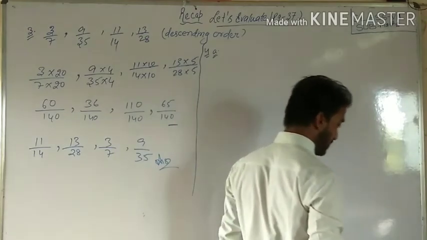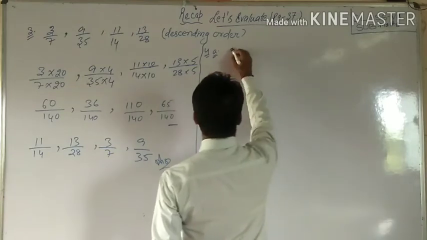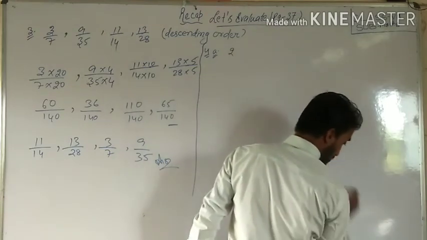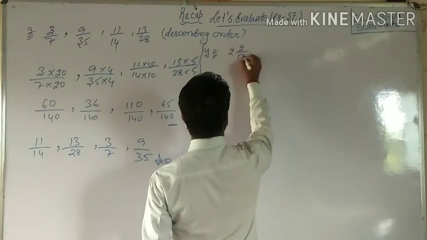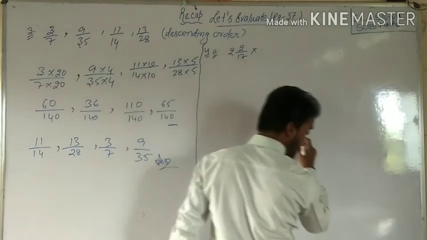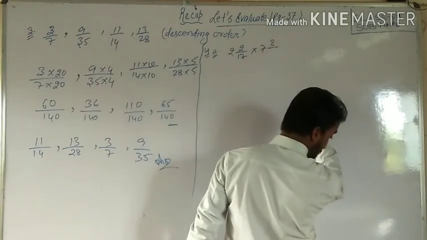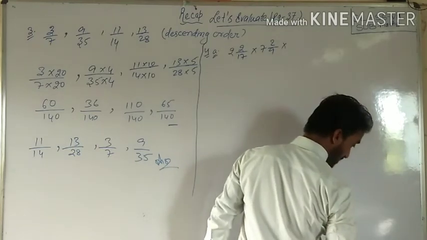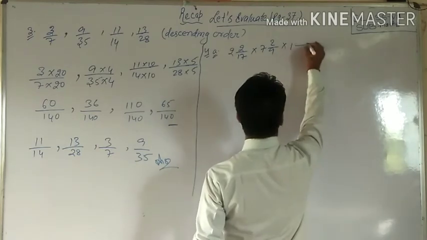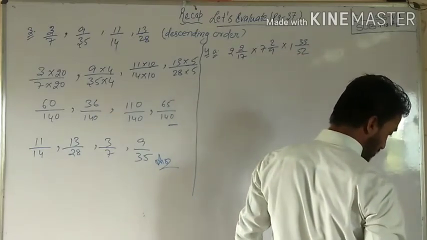I will share with you one question: 2 by 17 multiplied by 7 and 2 by 9, multiplied by 1 and 33 by 52.